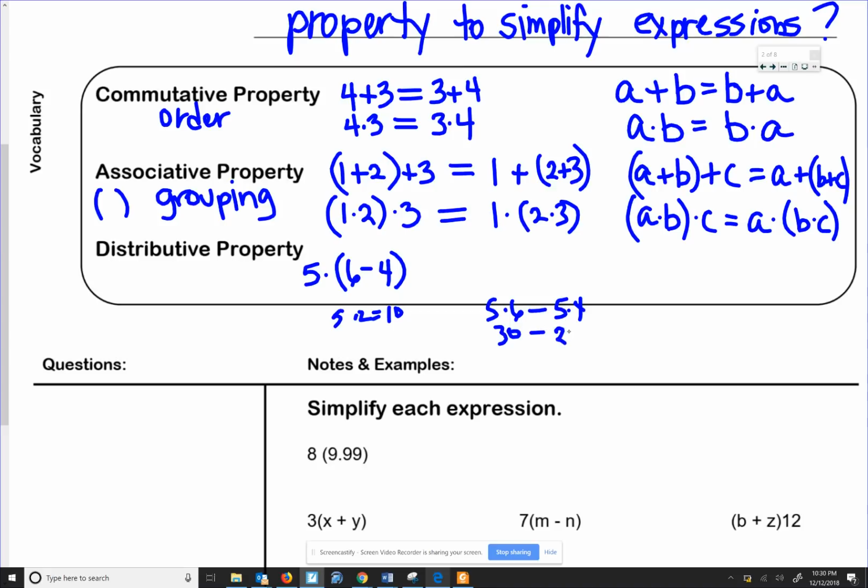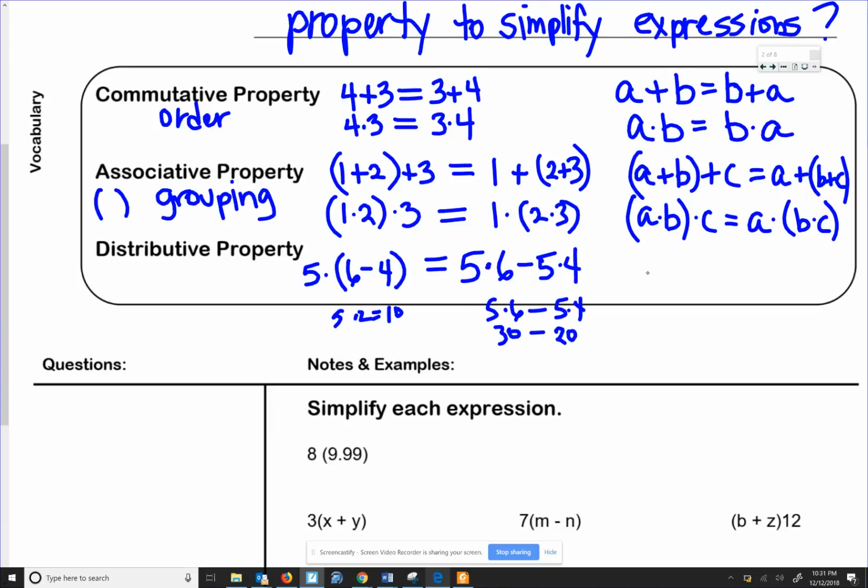That's 20. 30 minus 20 is 10. So I end up with the same value, and I did my operations a little differently. When I take 5 times that first number value, 6, and then 5 times that minus 4, or I'm going to say like a negative 4, minus 5 times 4, you end up with the same value. That's kind of crazy, okay?